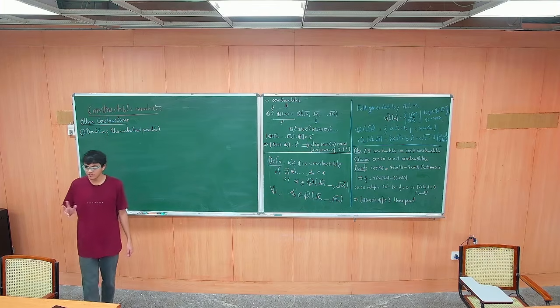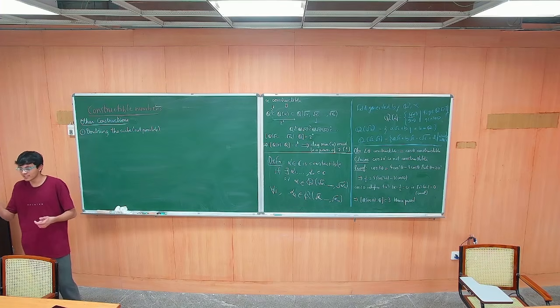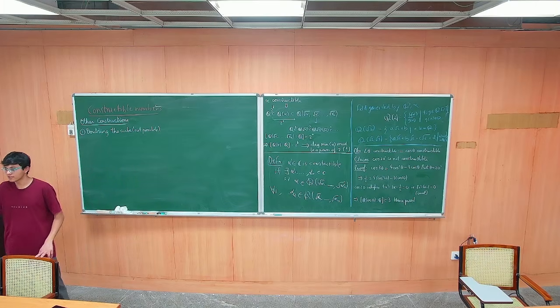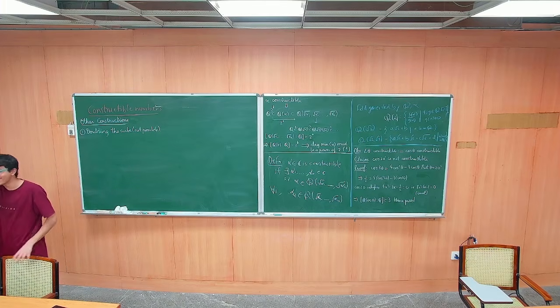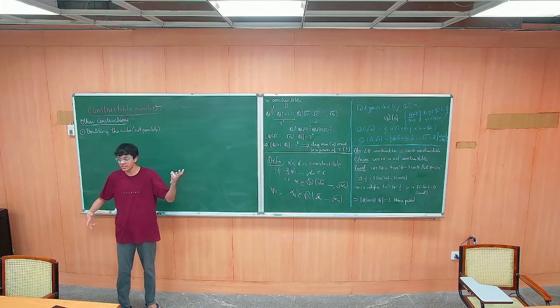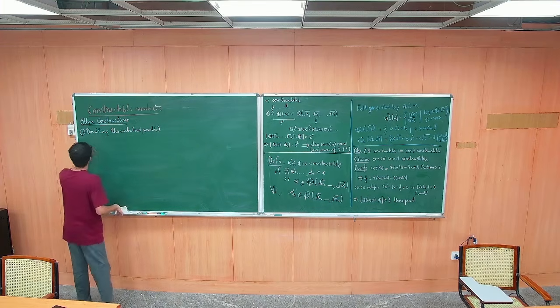The central angles are 2 pi by n. So if you construct the regular n-gon, you can recover its central angle. That is equivalent to constructing 2 pi by n.